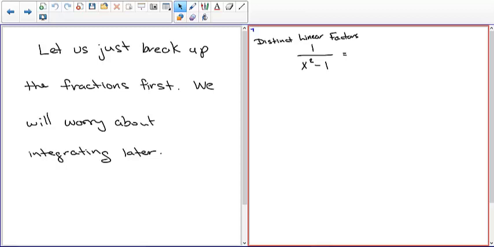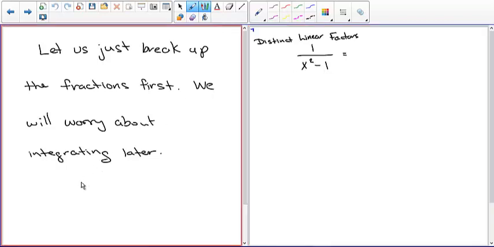So the first thing you do when you're looking at this, like for example, we could solve this problem now. We could use trig substitution. If I wanted to know what the integral of 1 over x squared minus 1 dx was, in chapter 5 we couldn't do this, because the only integral that we could do back in chapter 5 would have been x times the square root of x squared minus 1 dx, which is very unique.